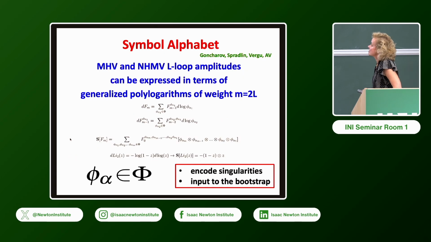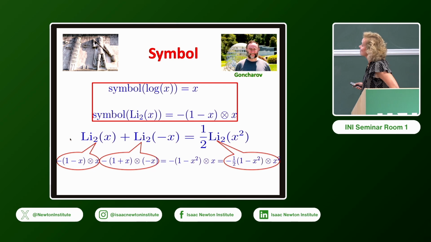So for example, take Li2. d of Li2 can be written as, that's just a definition, minus log(1-z) d log z. Remember I told you the symbol of log z is just z, and then by this definition, the symbol of Li2 is -(1-z) tensor z. So maybe you can remember these two things, and then recursively you can continue, and that's defined for any multi-polylog functions.